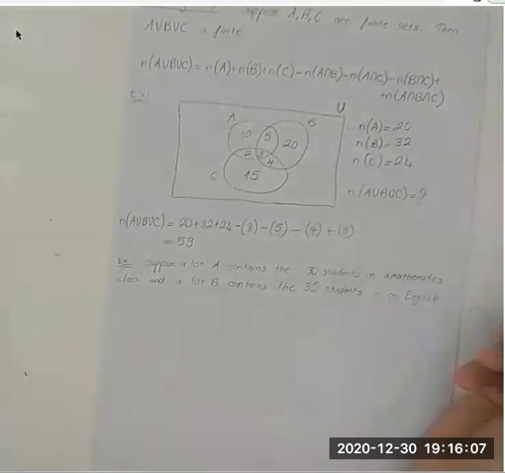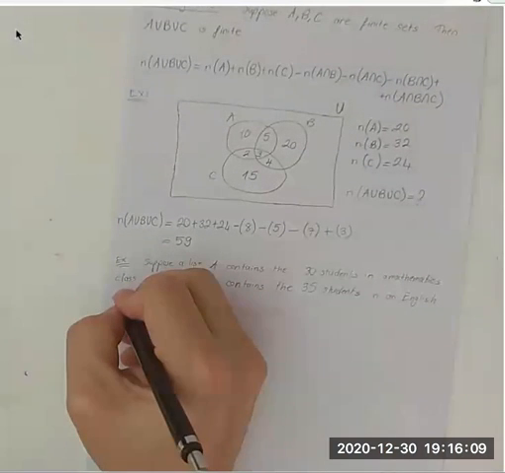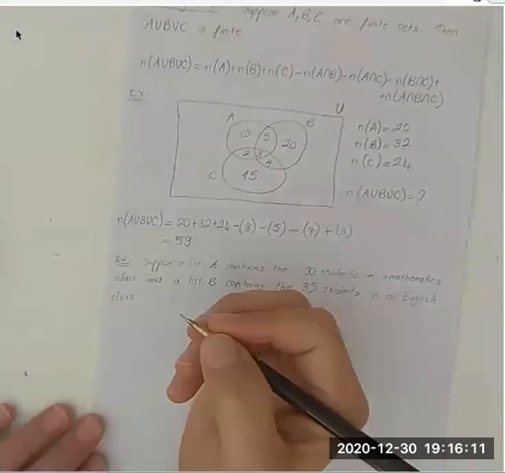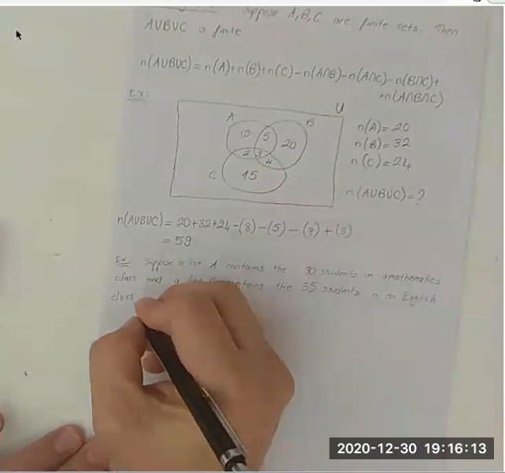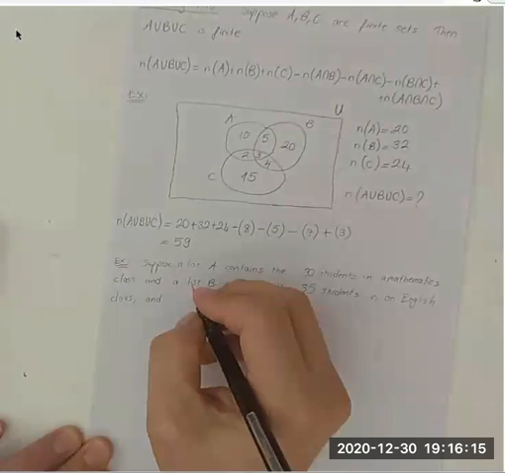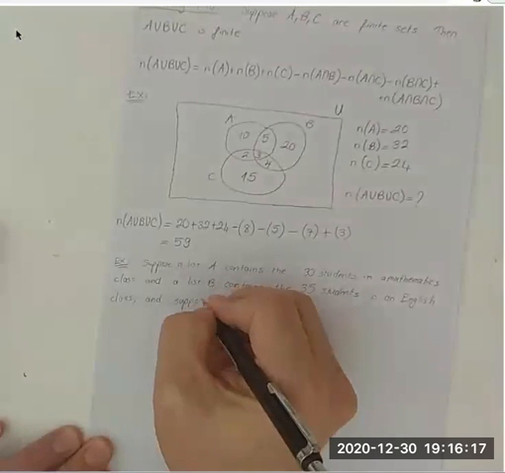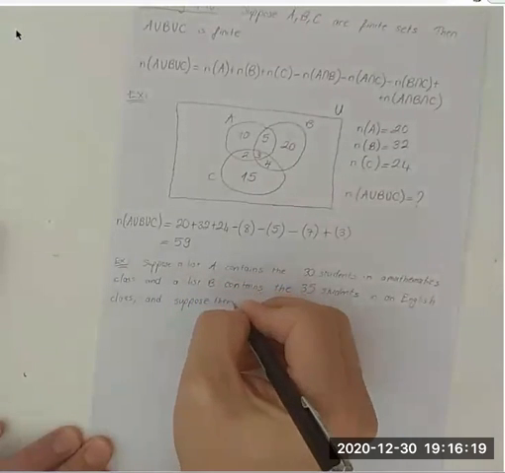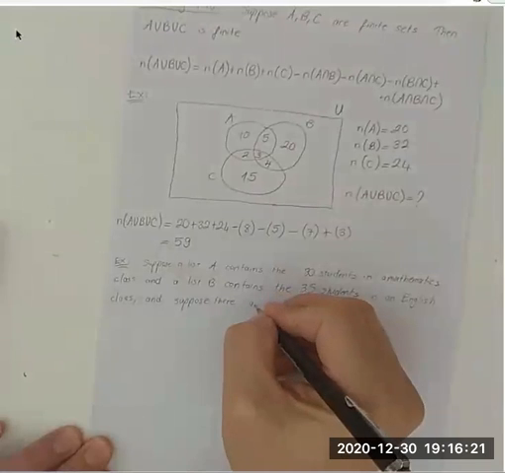And suppose there are 20 names on both lists.